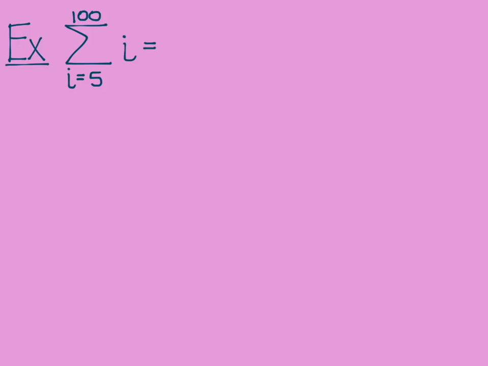Let's try another example. So the sum as i goes from 5 to 100 of i. Notice that in this case we do not start i at 1, so we can't just use Gauss's formula. Notice, however, if I did start the sum as i goes from 1 to 100, that the only things that I have to subtract off are the first 4 terms, because then what's left is the sum from 5 to 100.